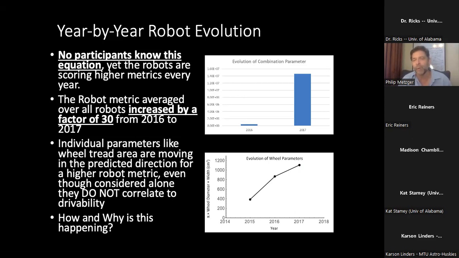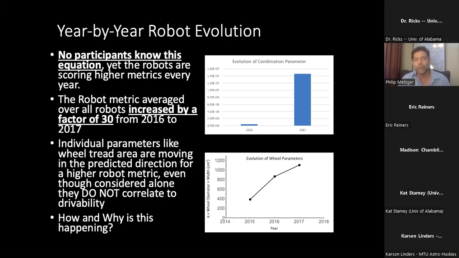Every year, the robots got better and better and better, which is pretty remarkable, because if you don't have access to the data, and you just go around and look at all the wheel diameters, you're not going to see any correlation. So somehow, in the magic of this competition, the teams engineered it and figured it out and made the robots get better every year.